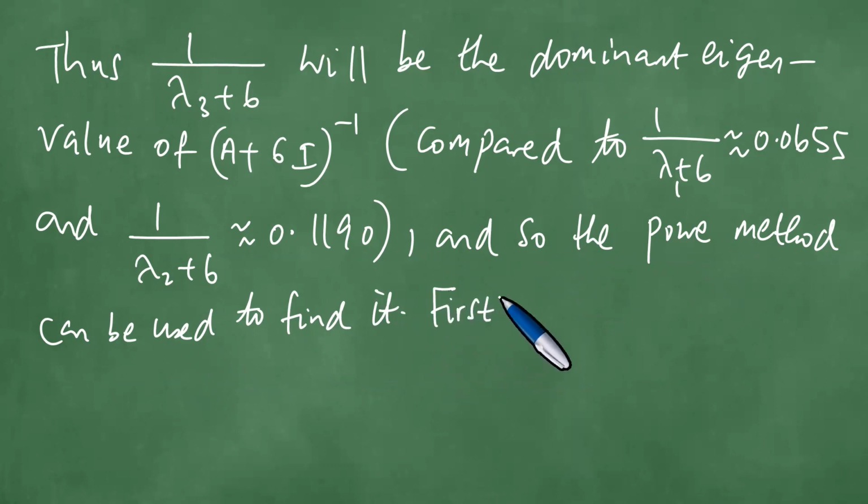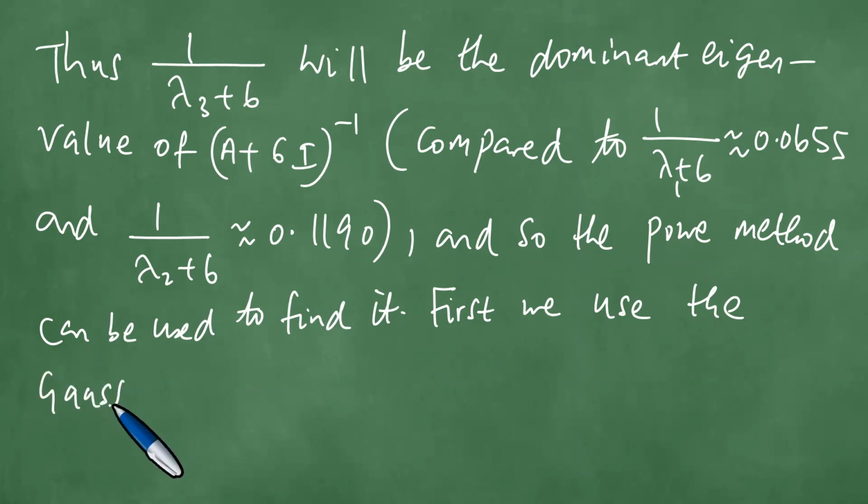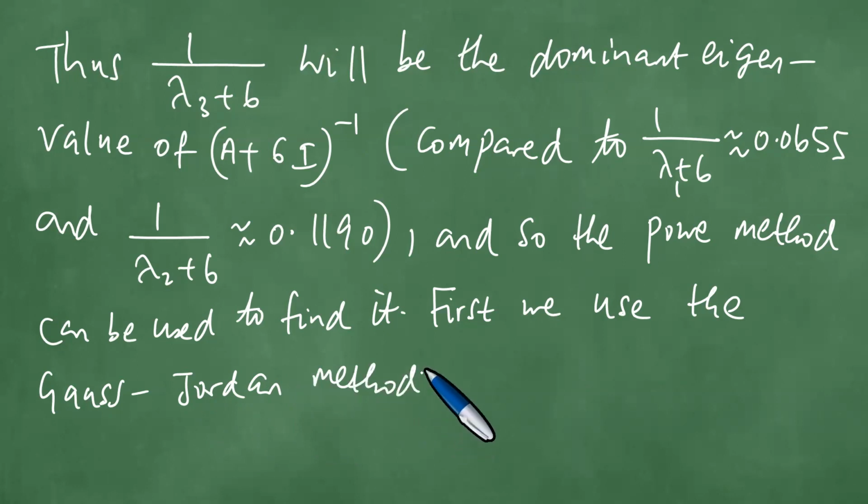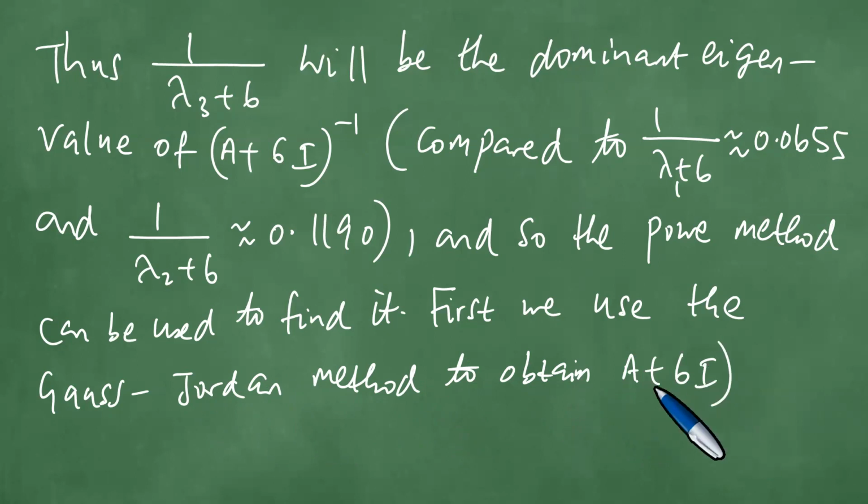But first, we use the most popular Gauss-Jordan method to obtain A plus 6I.